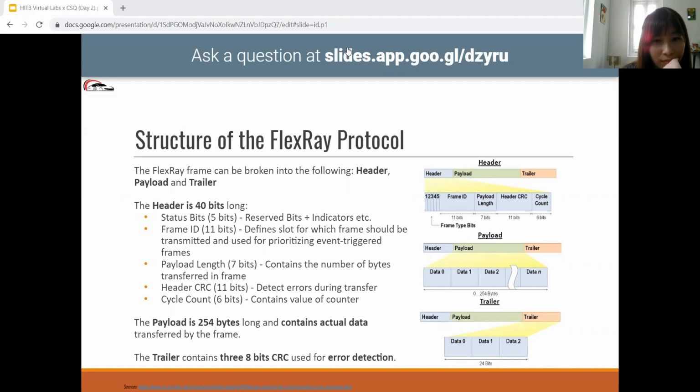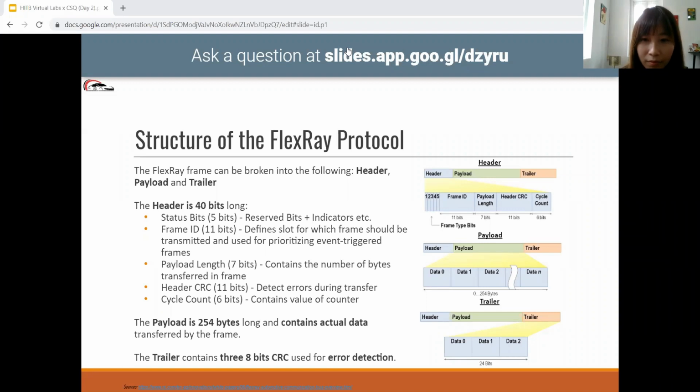The header is 40 bits long, consisting of the status bits, which is 5 bits, frame ID, 11 bits, payload length, header CRC, and cycle count. In FlexRay, the payload is 254 bytes long, which is much bigger than a CAN frame. And the trailer contains a 24-bit CRC used for error detection.